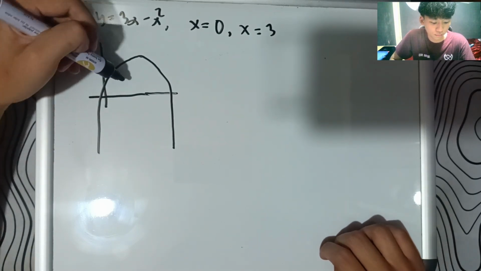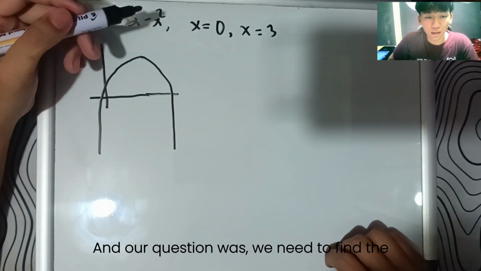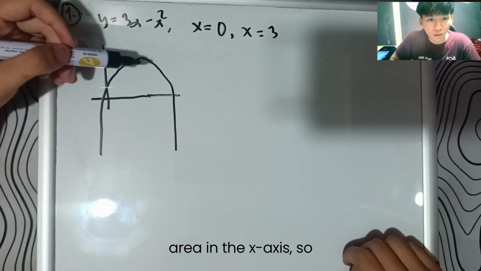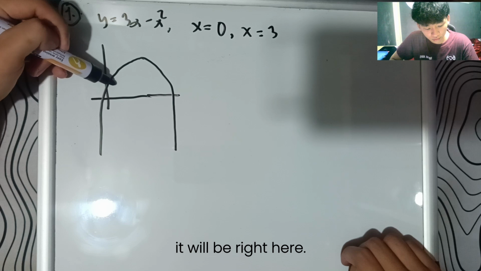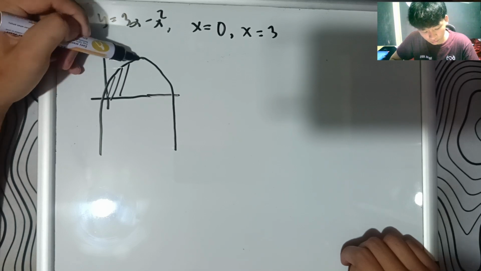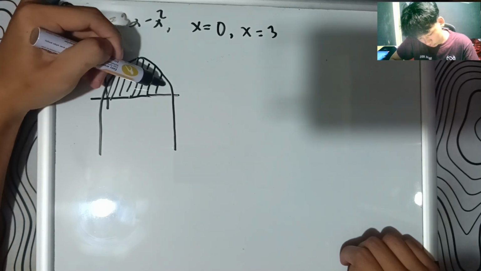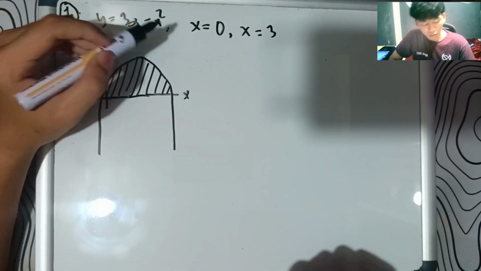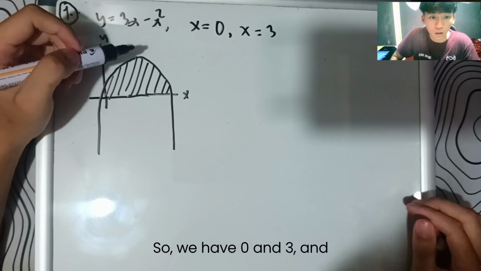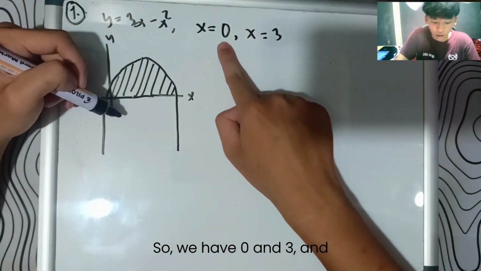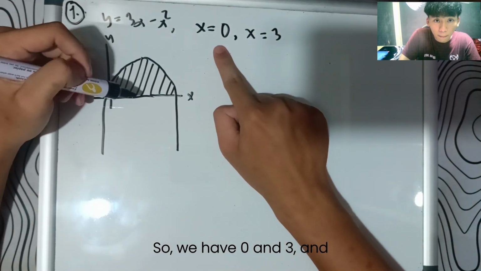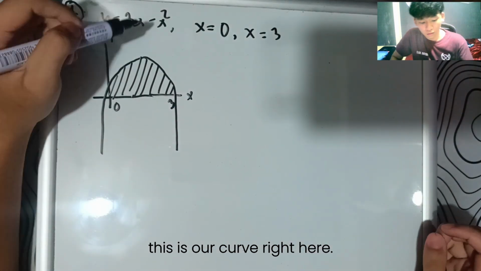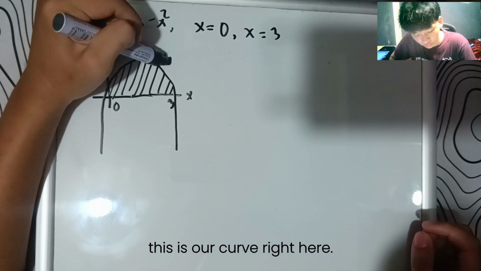Like that. And our question was we need to find the area above the x-axis, so it will be right here. We have 0 and 3, so this is 3, and this is our curve right here.